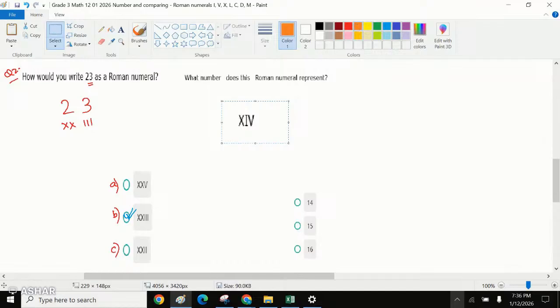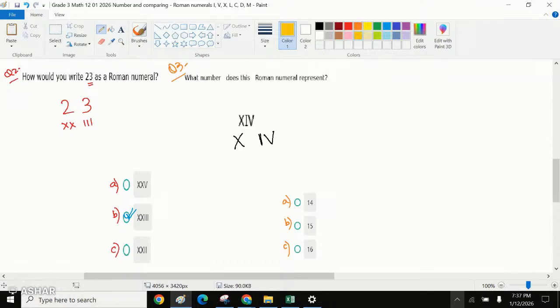For question number 3, out of these options A, B, and C, if we break this into X and we can see that I is written before.